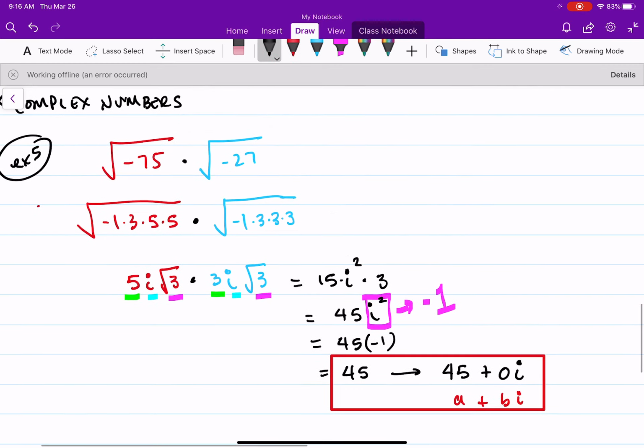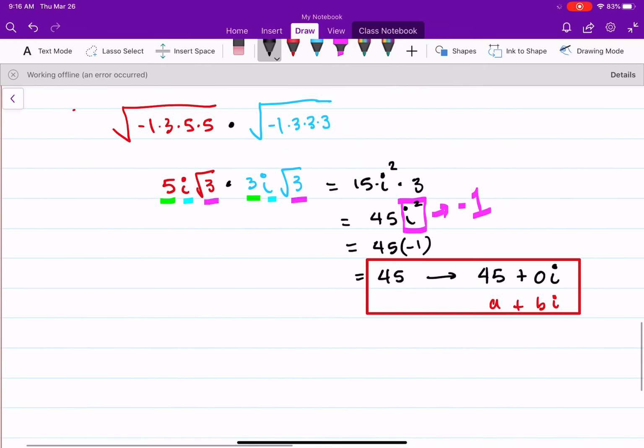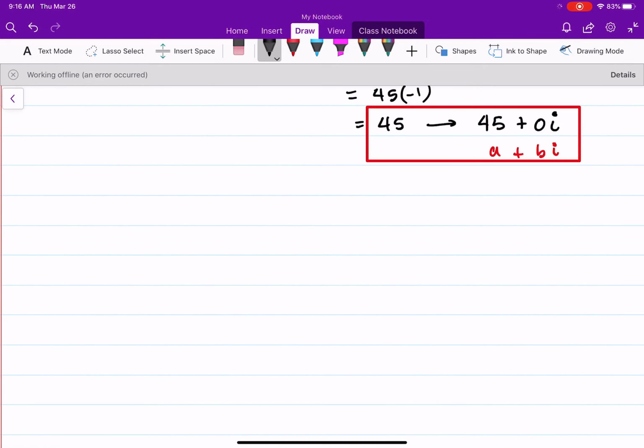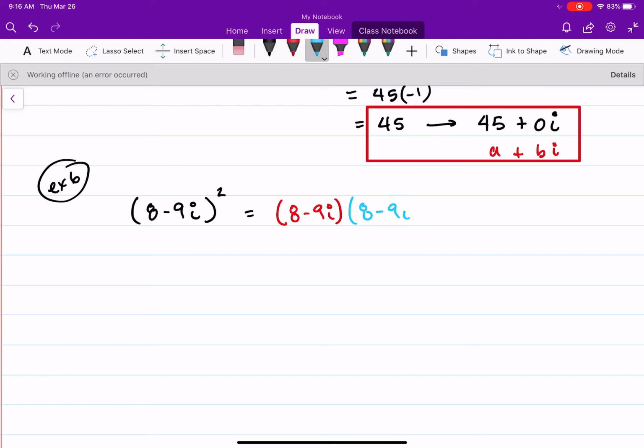Okie dokie. So let's look at something else that you're going to be multiplying under complex numbers. So example 6. Let's look at something that you're familiar with, but we tend to get wrong quite a bit because we mix up the rules a little bit. Now, since this is a binomial squared, that means I have to write this out twice and multiply.